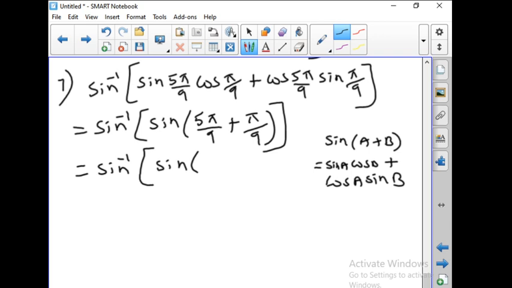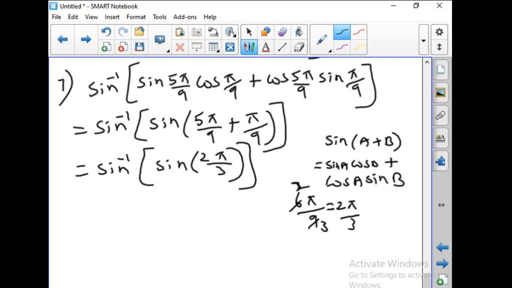6 pi by 9 is what? 2 pi by 3, yes? 6 pi by 9, LCM 9. 3 goes 2 times and 3 goes 3 times, so 2 pi by 3 comes. Then sin inverse of sin 2 pi by 3.